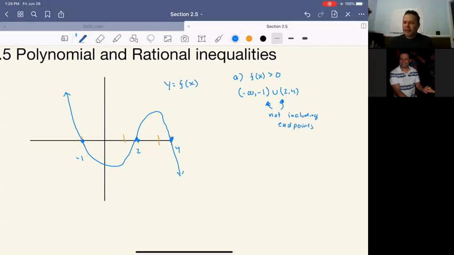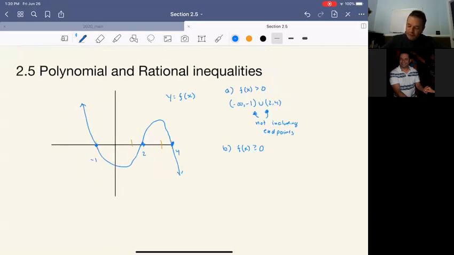Okay, we could also ask, for example, when is f of x greater than or equal to 0? Okay, and for that, well, pretty much almost the same, except for now we are going to include these endpoints.